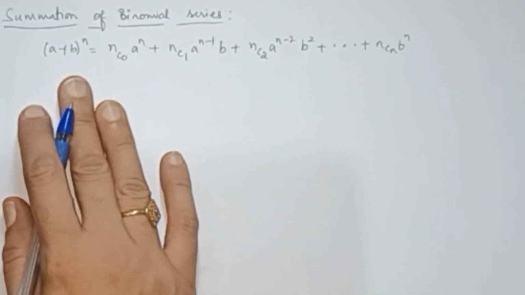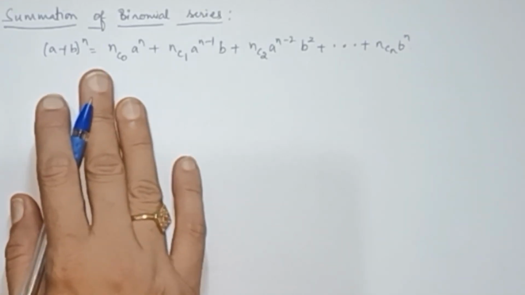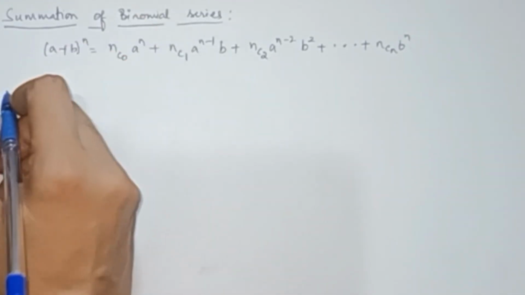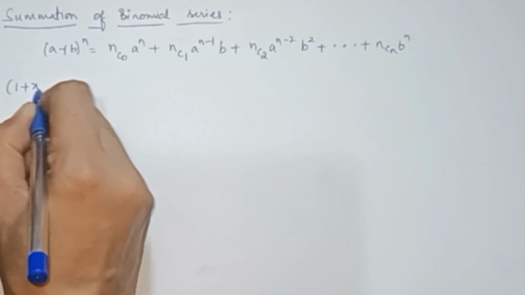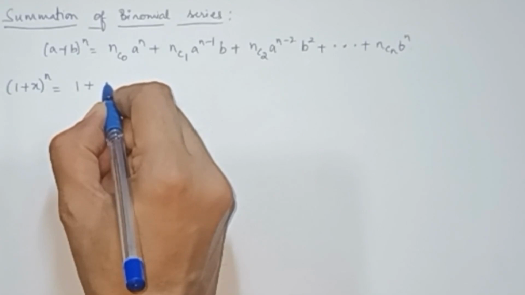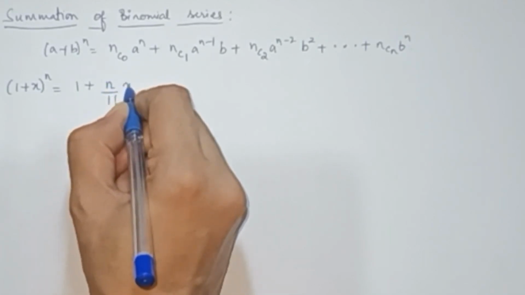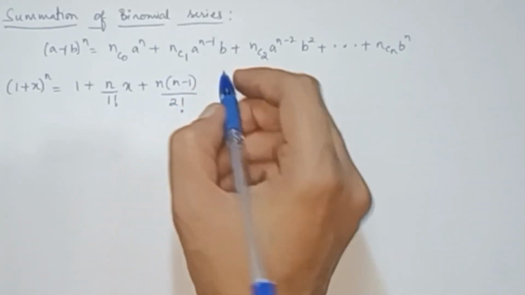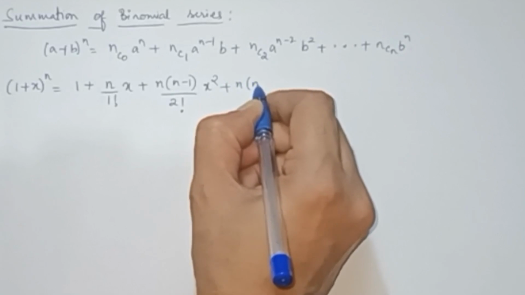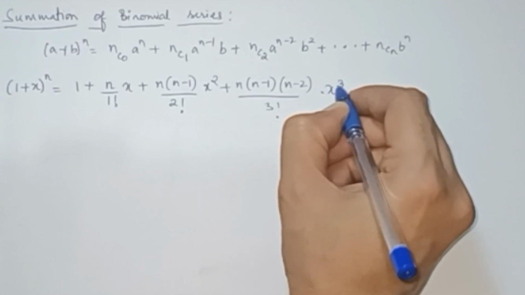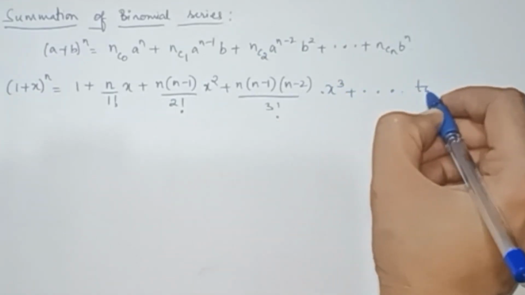Now, before finding how to get the sum of a binomial series, first let us define what a binomial series is. Using the standard binomial expansion, I can apply it for (1 + x)^n, which is equal to 1 + n/1! x + n(n-1)/2! x^2 + n(n-1)(n-2)/3! x^3 + and so on up to infinity.